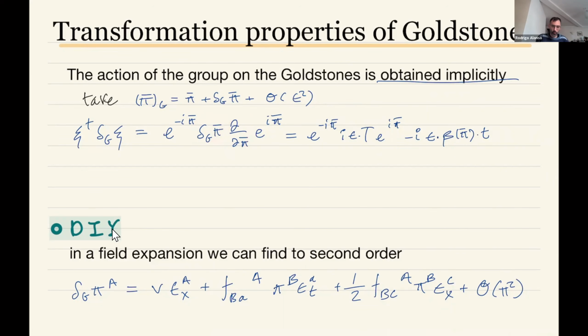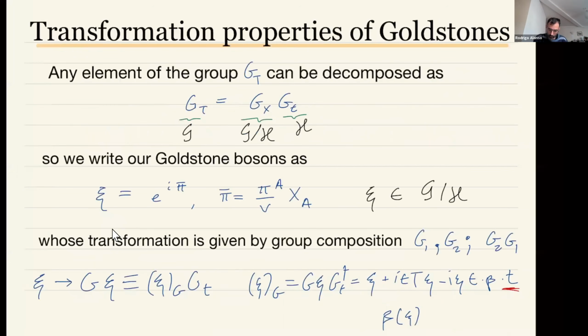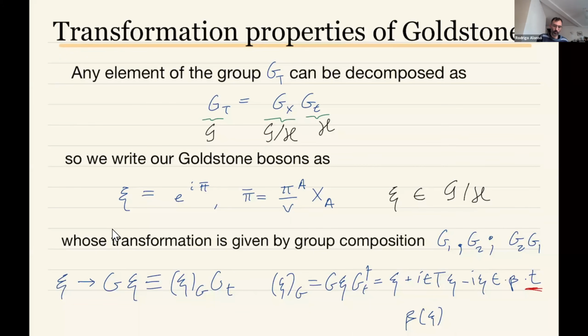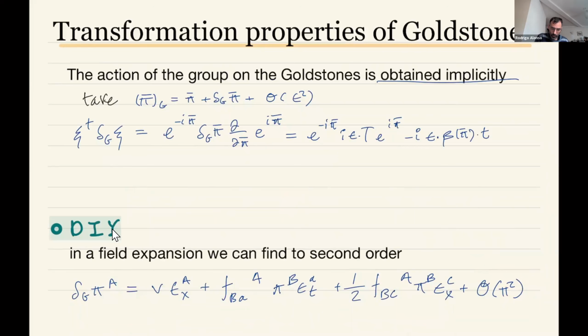This is just a chain rule, and that exponential for C and the inverse of the exponential there. And on the right-hand side, we'll have again those T generators in between those two matrices. And as it happens for the unbroken part of that transformation, because we're multiplying by the left, we'll cancel that factor of C in there. So we just have epsilon times beta T.